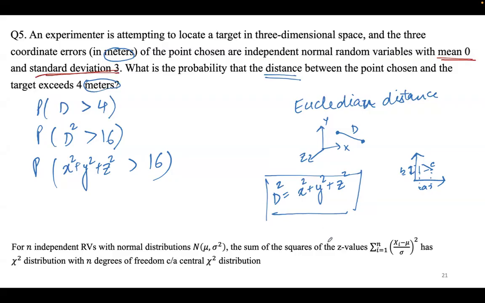Okay. So what we can do here is, the sum of the squares of standard normal variables is going to follow the chi-square distribution.